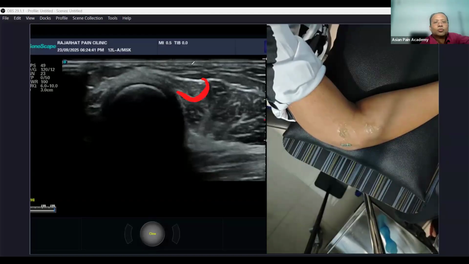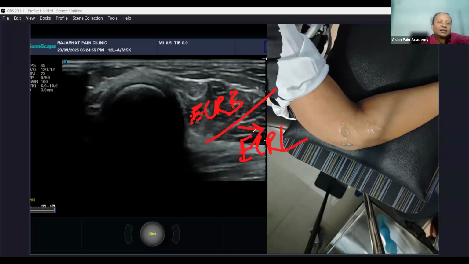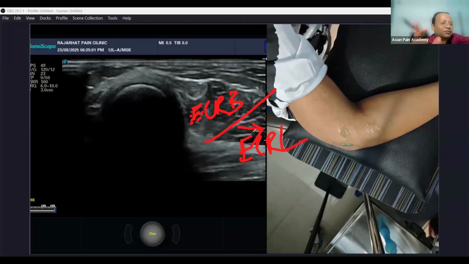As soon as I locate the scorpion tail, I can understand that this part is ECRB. Of course, medial to that, this part will be ECRL. But the bellies of ECRL and ECRB are a bit difficult to distinguish because the muscle fibers are very similar.